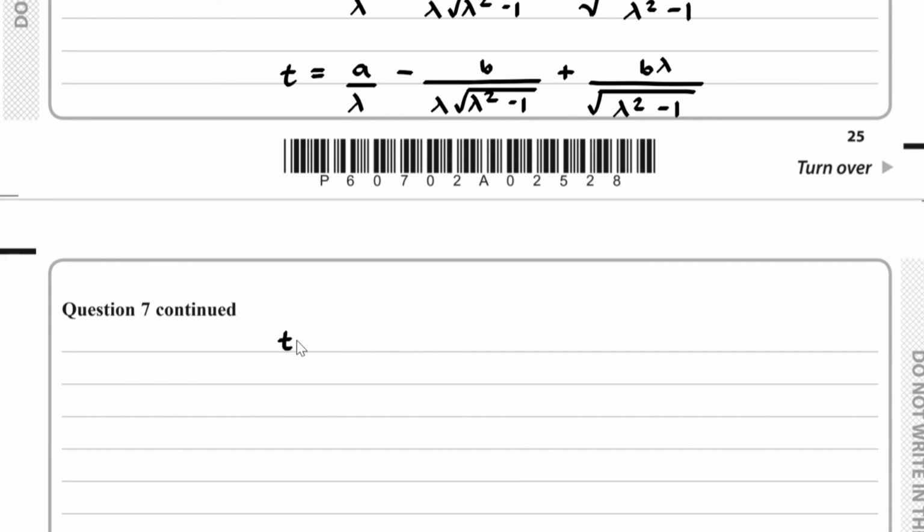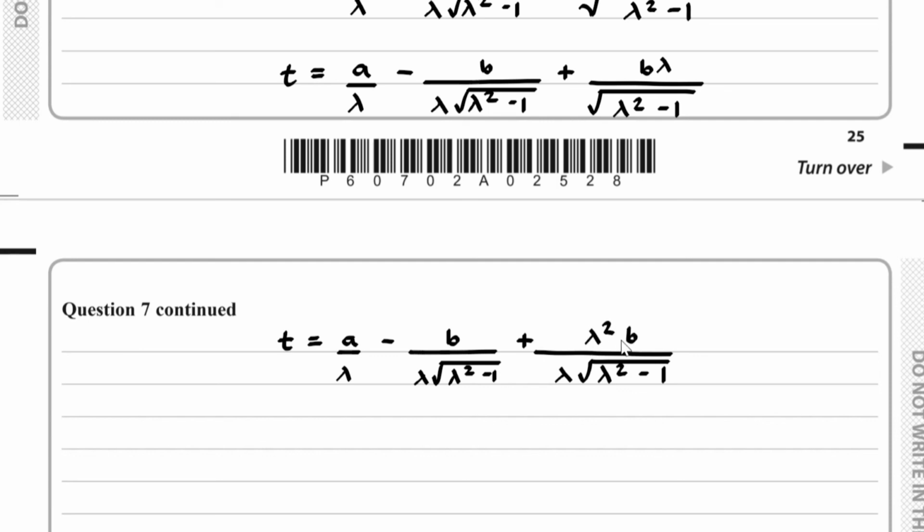Now to simplify this even further, we've got a over lambda subtract b over lambda times by lambda squared minus 1. And then here what I can do is have a lambda times by lambda squared minus 1 square rooted, and then here on the top I need b lambda squared, or in other words lambda squared b.